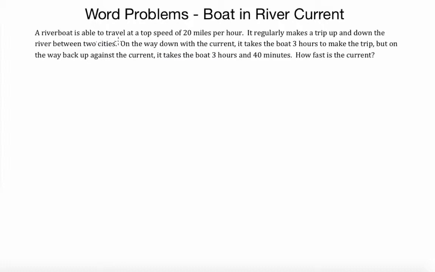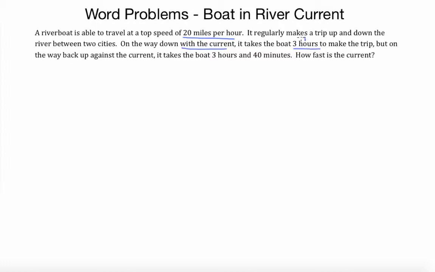A riverboat is able to travel at a top speed of 20 miles per hour. It regularly makes a trip up and down the river between two cities. On the way down with the current, let's mark that, it takes the boat 3 hours to make the trip.